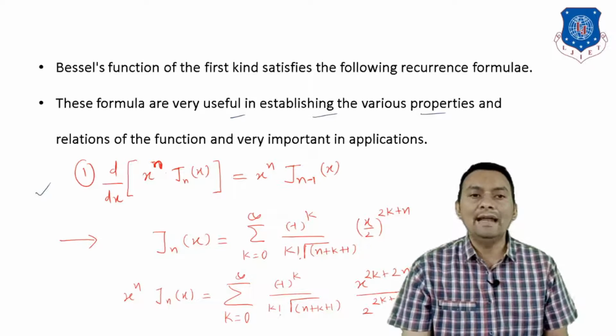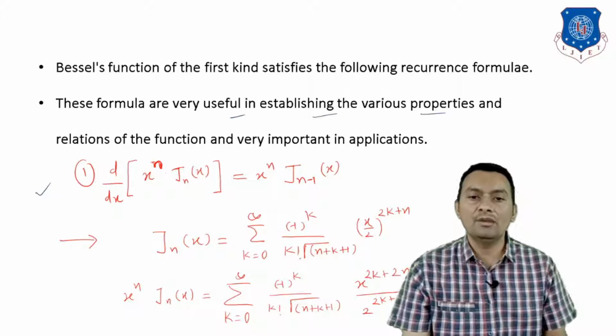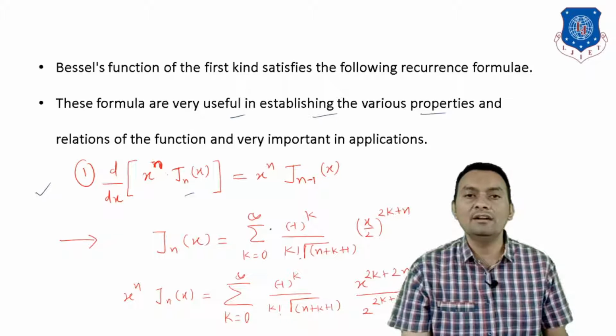They are very important in applications. So let us see the first recurrence formula: d/dx of x^n Jn(x) is equal to x^n times J(n-1)(x). We know that Jn(x) is nothing but the summation from k equals 0 to infinity of (-1)^k divided by k! gamma(n+k+1) times (x/2)^(2k+n).